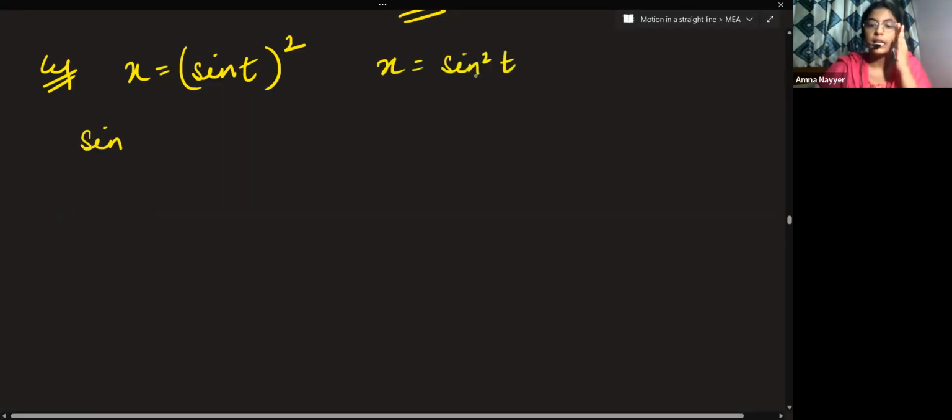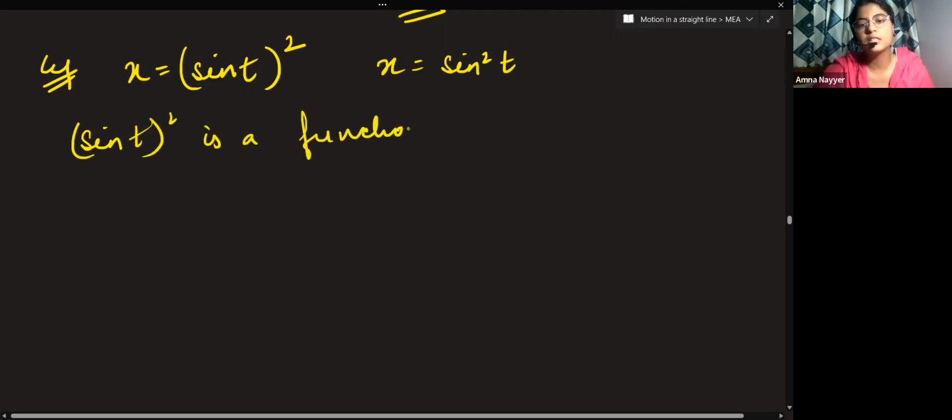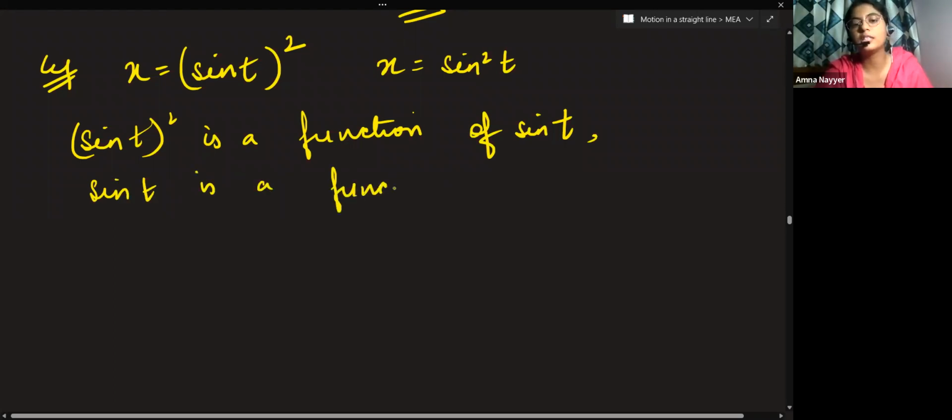Now this whole thing, sine t whole square, is a function of sine t first, because sine t is getting multiplied by sine t. Sine t square is a function of sine t. Now, sine t is a function of t.